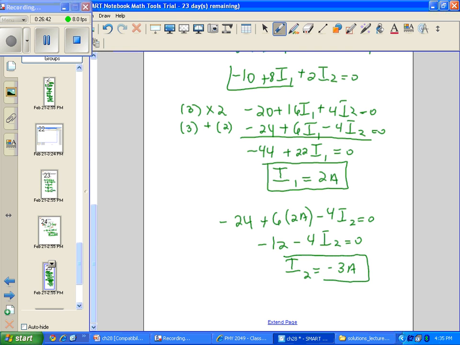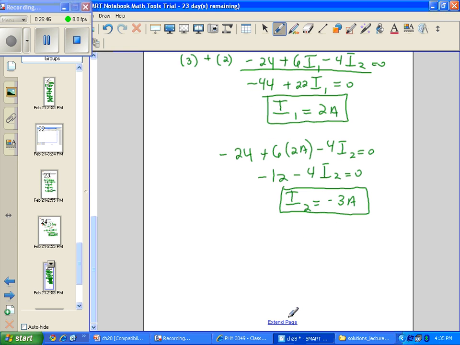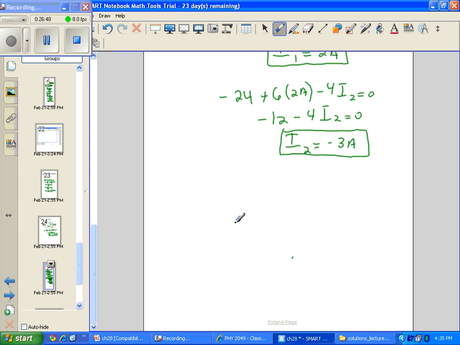And you can see here that I2 was initially guessed incorrectly, since we end up obtaining a negative value. No harm done. We need our last unknown. To get I3, we note that I3 is the sum of I2 and I1, and so when we add up I2 and I1, we get a value of I3, which is minus 1 amp.